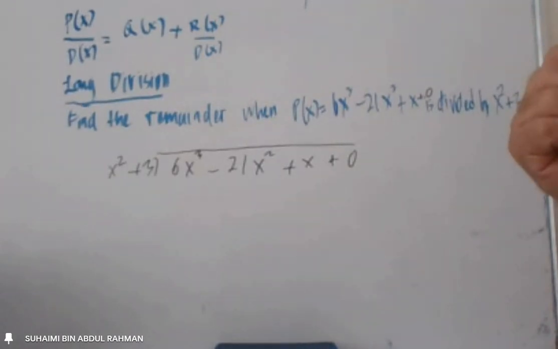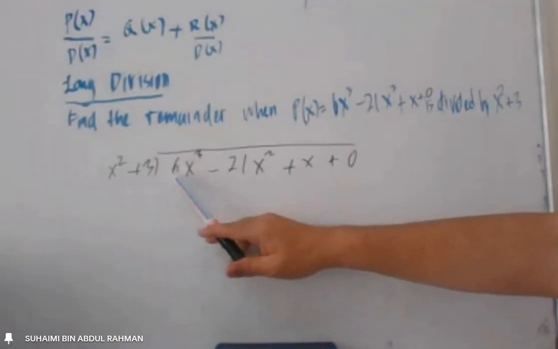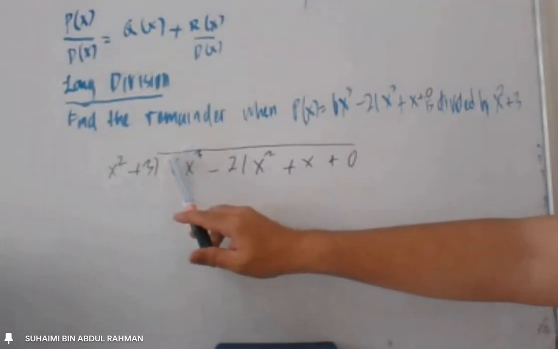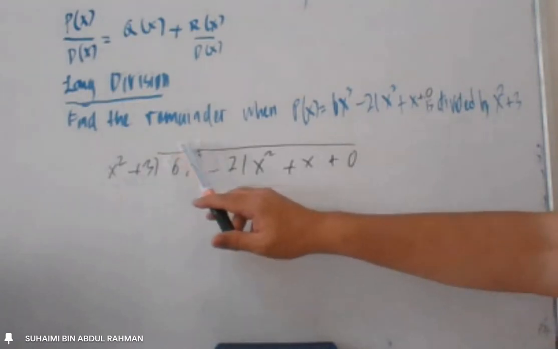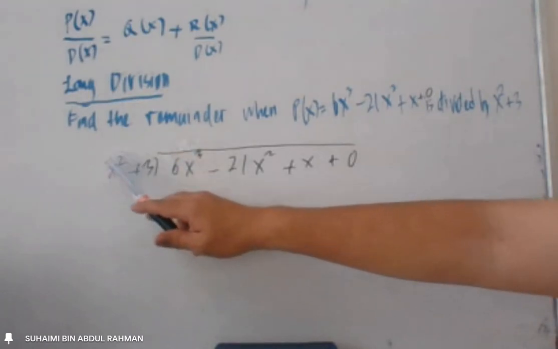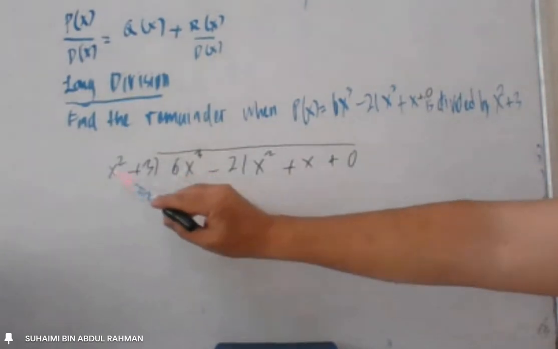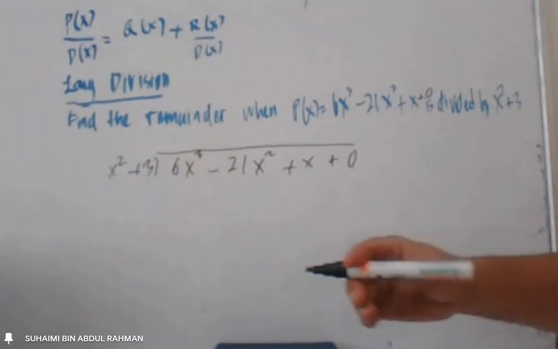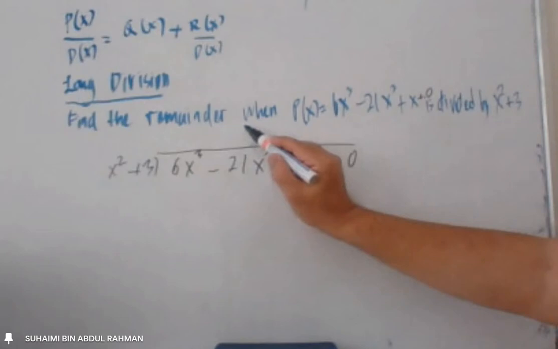The process of division is like this. The most left in our polynomial, divide by the most left in our divisor. 6x cubed divided by x squared, so we get 6x.